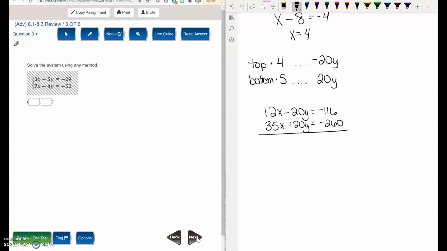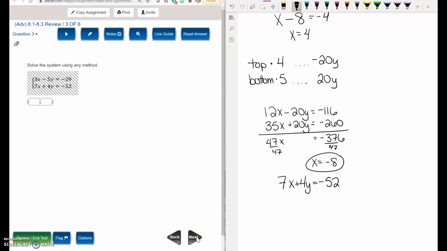When we add these together, we end up with 47x equals negative 376. Divide both sides by positive 47, and we get x equals negative 8. Then pick an equation. I'm going to go back to the original equations, and I'm going to pick 7x plus 4y equals negative 52.